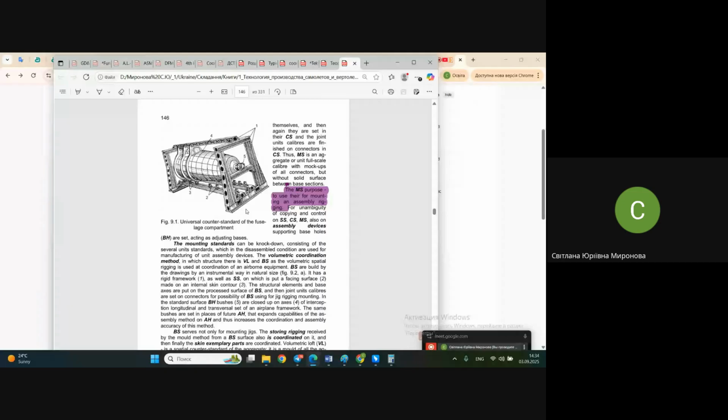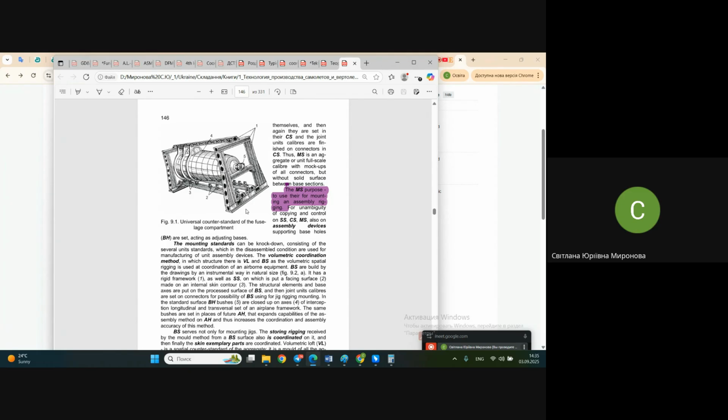Next, they are all joined together, connected, aligned, and checked whether they give the necessary quality of the airplane finally. At this stage, it's possible to find some mistakes, for instance in the design documentation or in the technological documentation that have appeared. And after repairing these mistakes, they go to the next stage.